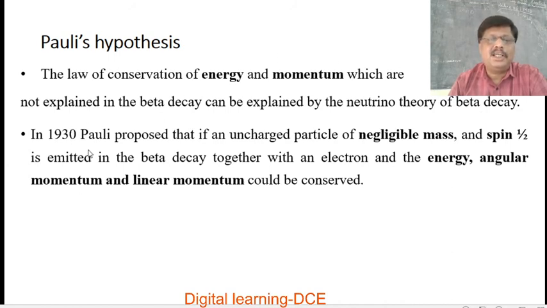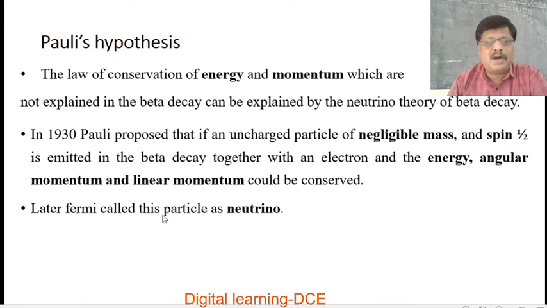In 1930, Pauli proposed that if an uncharged particle of negligible mass and spin 1/2 is emitted in beta decay together with an electron, then energy, angular momentum and linear momentum could be conserved. If this third particle, called the neutrino, is emitted along with the beta particle, then there is an explanation for the apparent violation of the laws of conservation of energy, angular momentum and linear momentum.